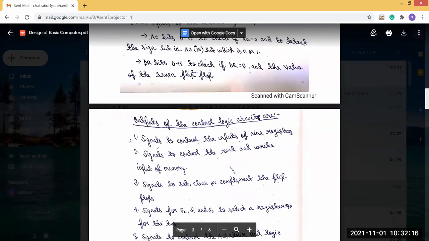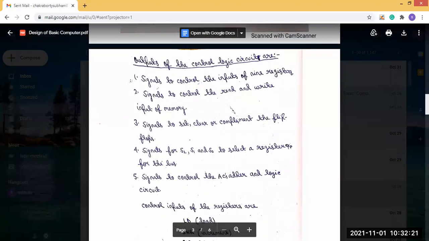And signals to control the accumulator, adder, and logic circuit. So these 5 types of signals can be generated by the control logic circuit.